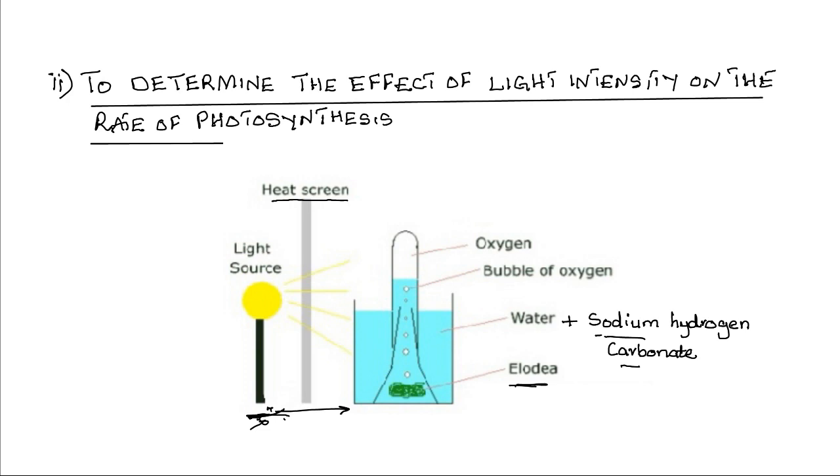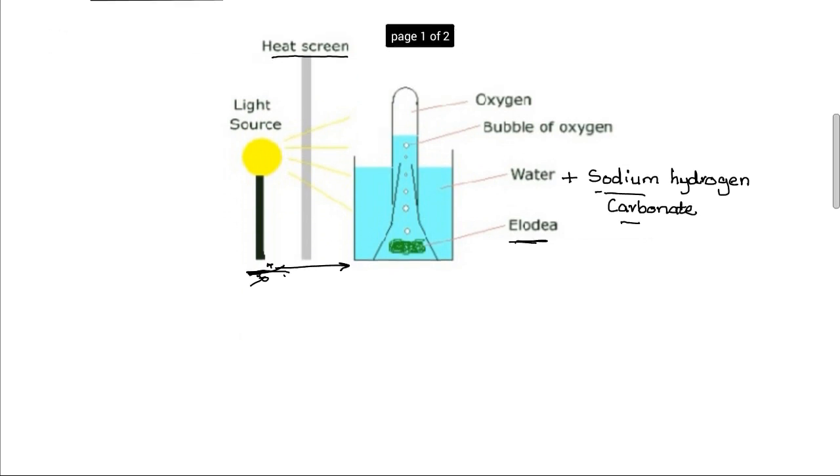So the rate of photosynthesis can then be recorded and compared, because you can determine the rate by counting the number of oxygen gas bubbles being produced per unit time. For example, you can count the number of bubbles per minute at each distance.